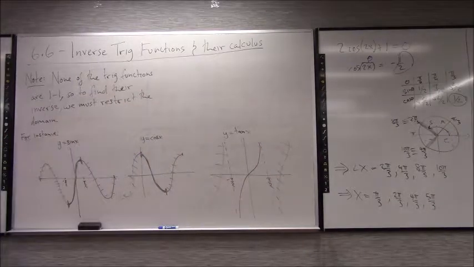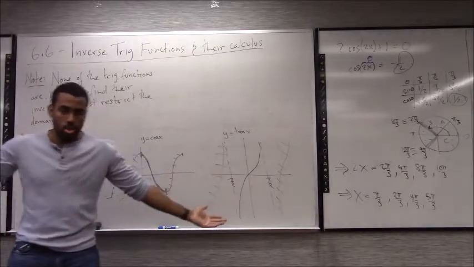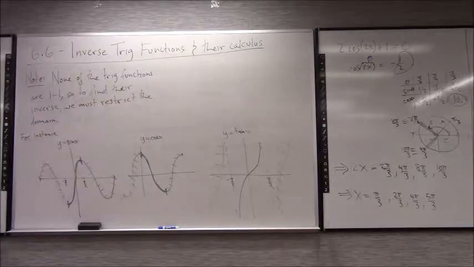Okay? So by doing that, now these pieces of the graphs that are left over, they pass the horizontal line test, they are one-to-one, and we can actually do an inverse property.